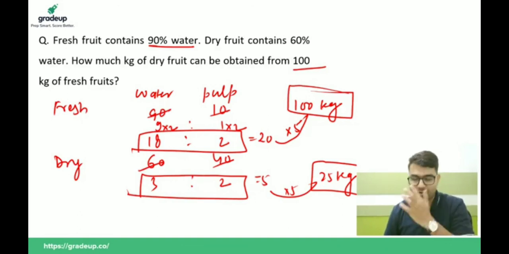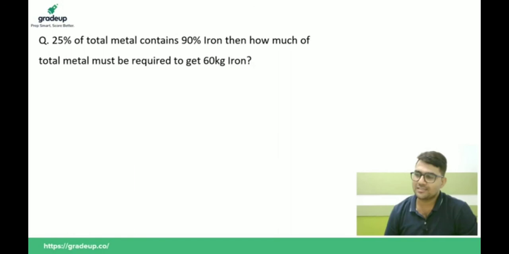Now let's move to the next question. So guys, now the type is changed. The question is: 25% of total metal contains 90% iron.